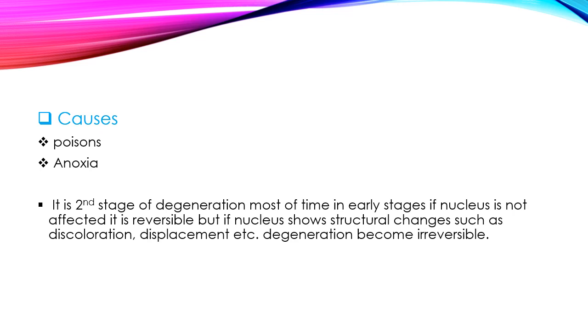In fatty degeneration, the nucleus is dislocated or displaced because of the fat droplets. Cloudy degeneration is reversible, and fatty degeneration is irreversible if the nucleus shows structural changes like discoloration and displacement.